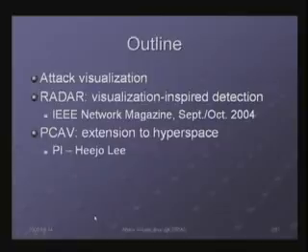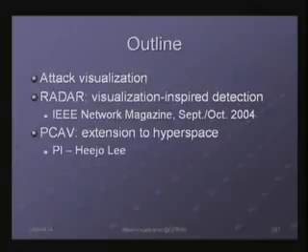So the outline of the talk is this. It's a three-part talk. In the first part, we'll talk about literally visualizing the attacks. The second part is about more algorithmic, more automatic stuff that extracts the attacks, sort of classifying the attacks and, if possible, calibrating them, measuring the intensity of the attacks.